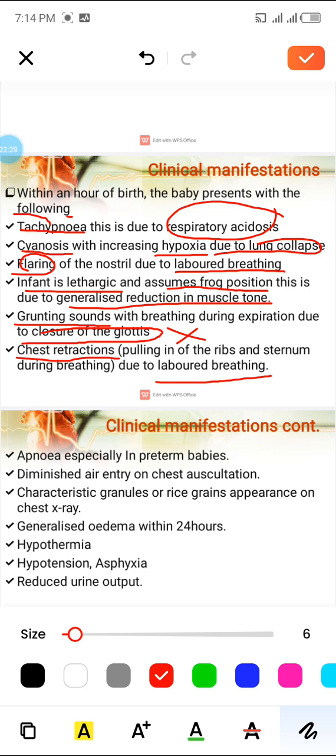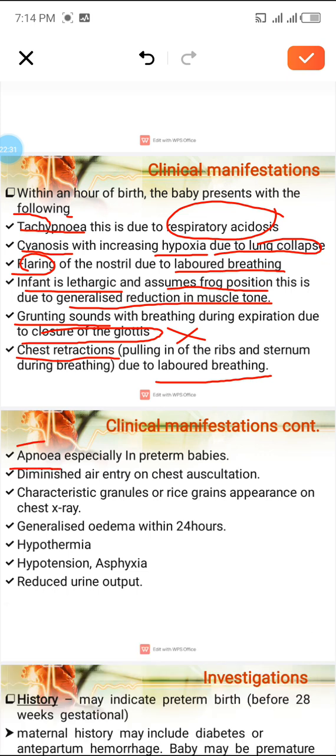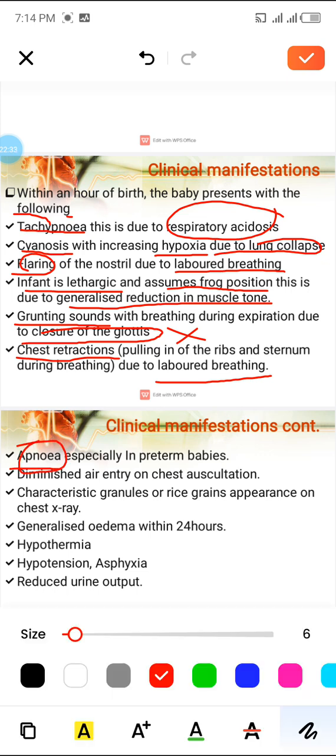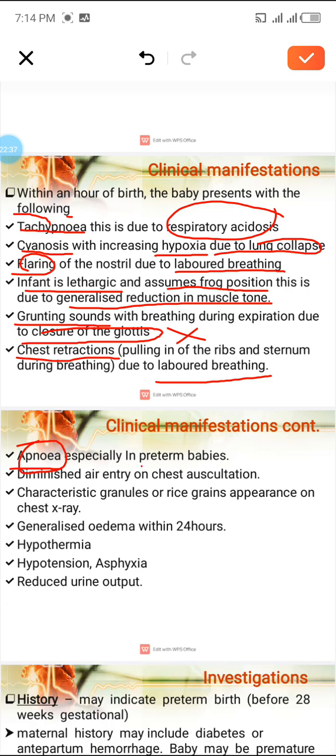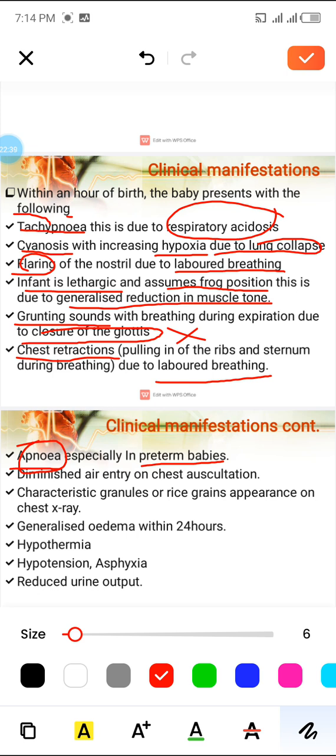Then why should there be apnea? Apnea, we know, is temporary cessation of breath. Why should there be that? This will happen also in preterm infants because the lungs are affected. There is atelectasis. That's why this will come in. Then there will be diminished air entry. If you use your stethoscope to auscultate, you'll discover that there is reduced air entry.